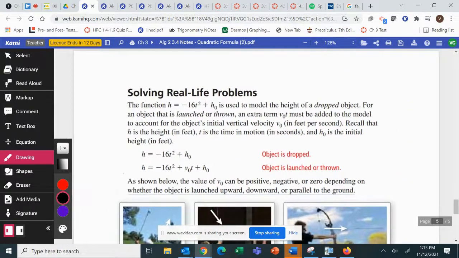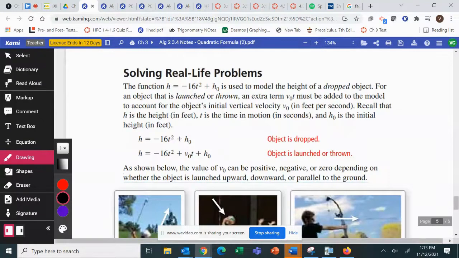And this is a real life application. Yay! We finally learned enough to do a real life application. There are so many things in real life that involve throwing things and seeing how far they go, how long it takes, how hard we threw it.